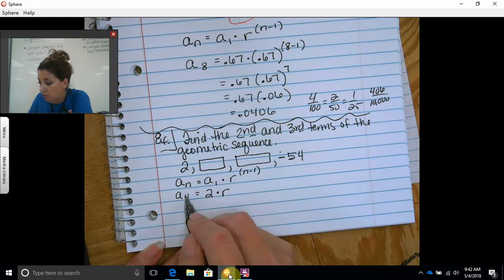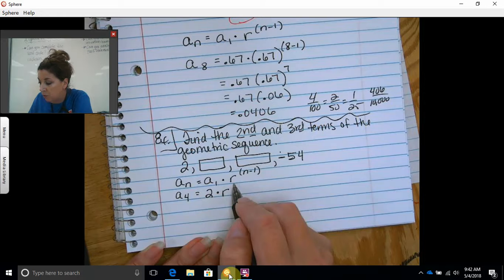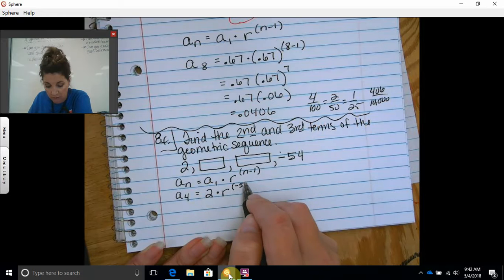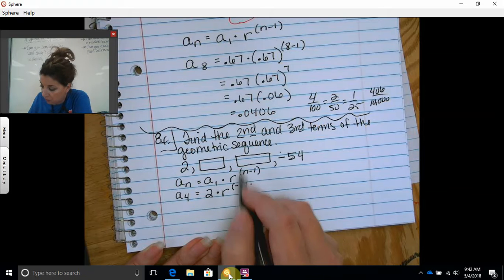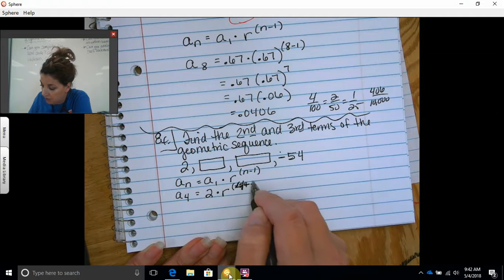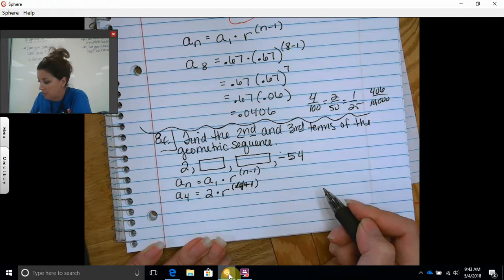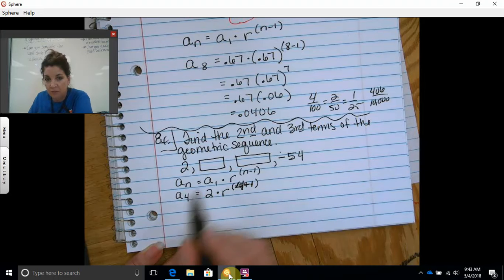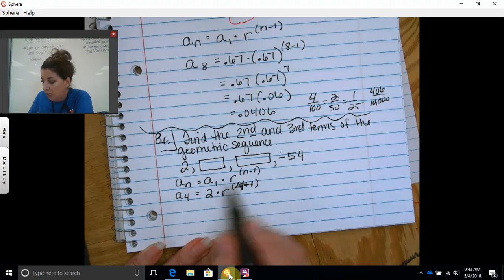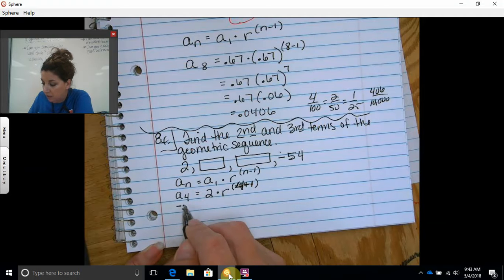Our fourth term is negative 54. Or I'm sorry, the fourth term, so n would be 4, not negative 54. My bad. Minus 1. I know that's a mess. We would put that negative 54 over here because the fourth term is negative 54. I'll go back and explain that if I need to.